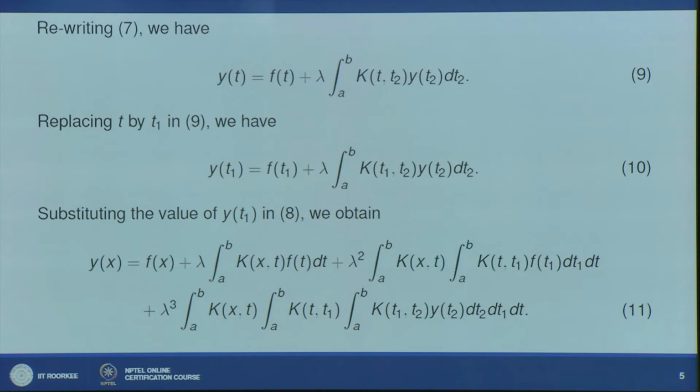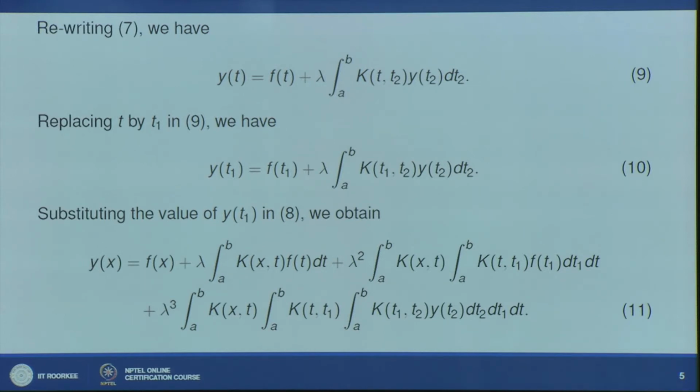Now if I do the thing again, if we want to find the value of y t1 here, so if I want to replace this y t1 by the value given here, then it is basically what? Let me write y t1 here first.